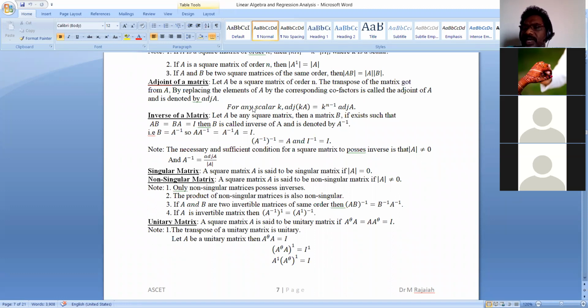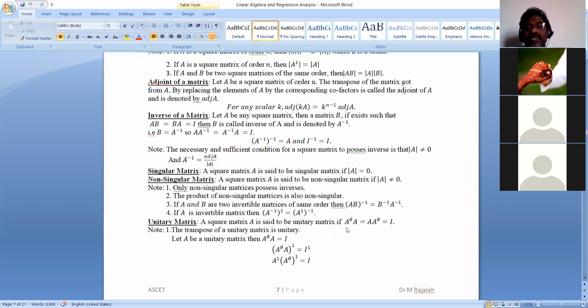If A A transpose = A transpose A = I, then that matrix is called an orthogonal matrix.